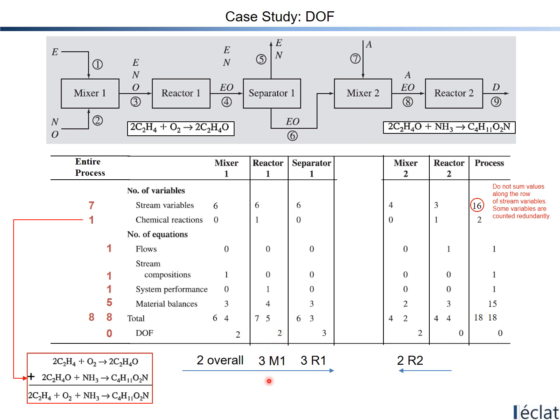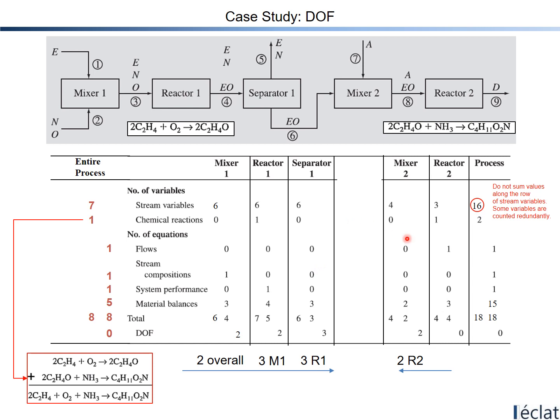We have more information, so you can solve this problem. Then let's go to separator 1, which has a degree of freedom of 3. After the reactor 1 calculation, you have 3 pieces of information, so you can solve the problem, because 3 minus 3 is 0 as the degree of freedom for separator 1.